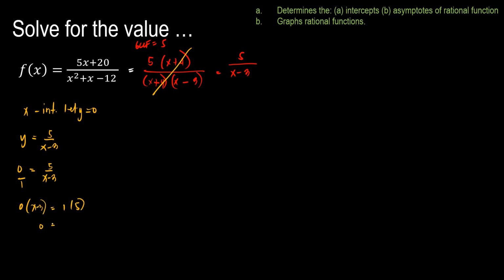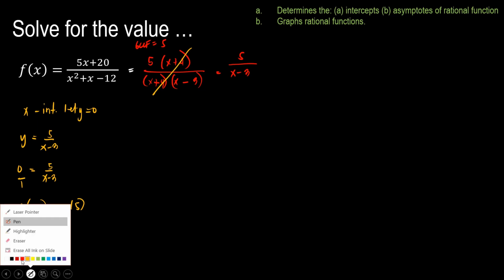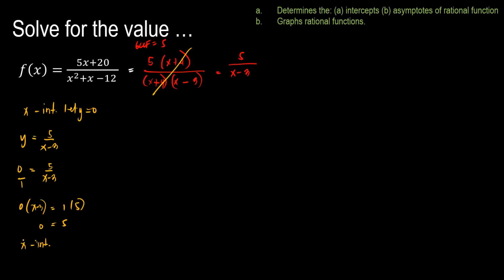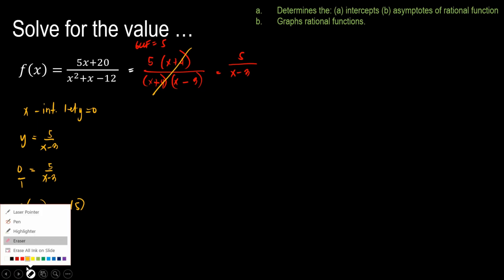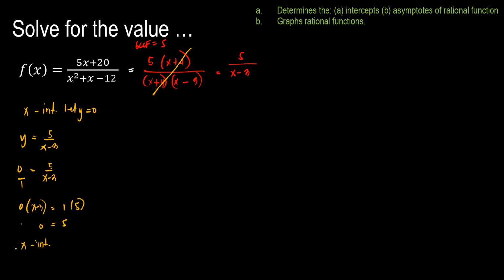So this is 0 is equal to 5. Therefore, there is no x-intercept. No x-intercept form siya, class.